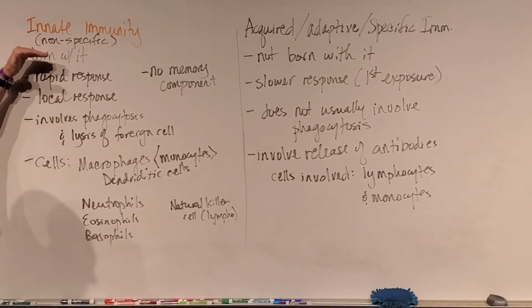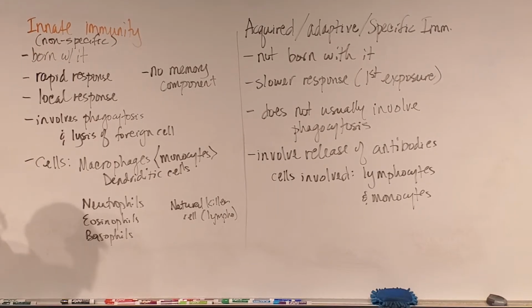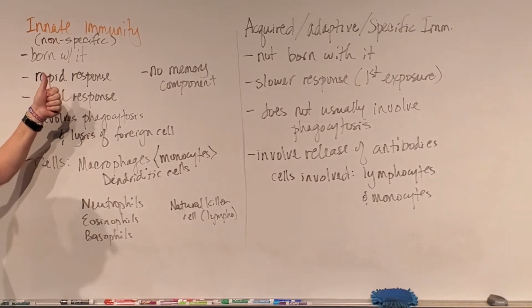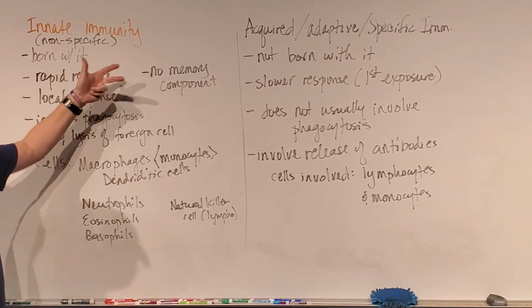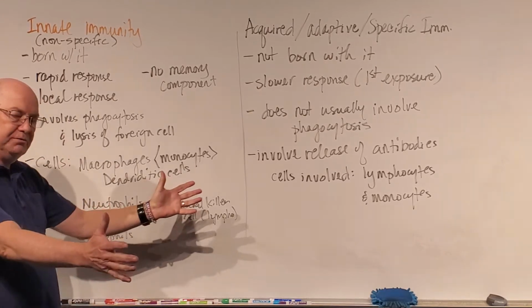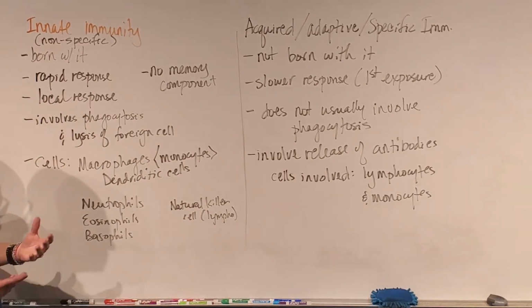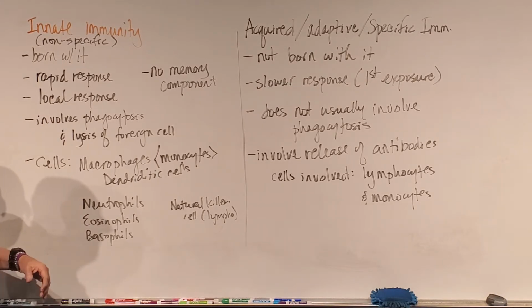Innate immunity is one that you are born with. Innate means inborn. It's non-specific immunity. It has a very rapid response that is local. There's no memory component. Most of the cells will come in and simply attack other cells and phagocytose them or lyse them open with some cytotoxic enzymes.